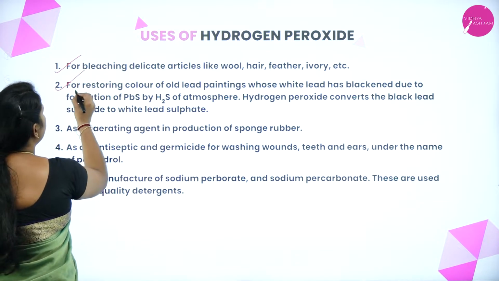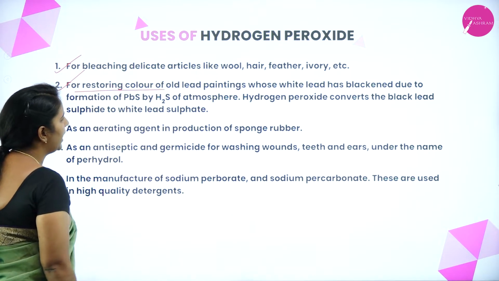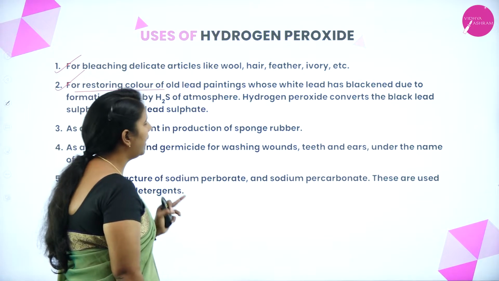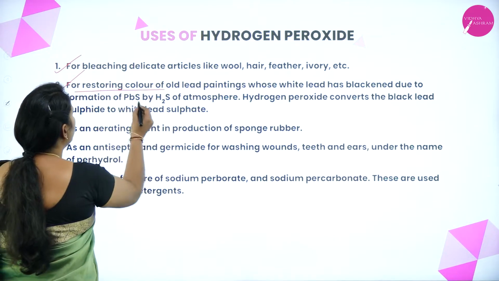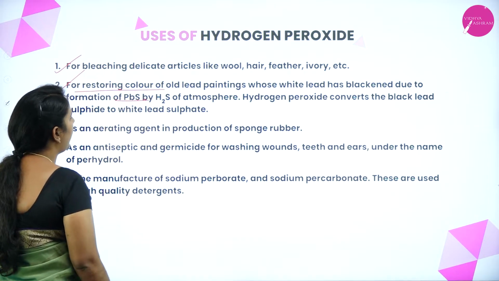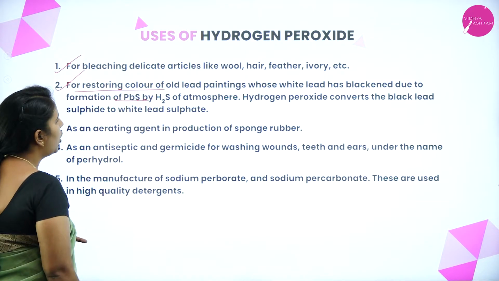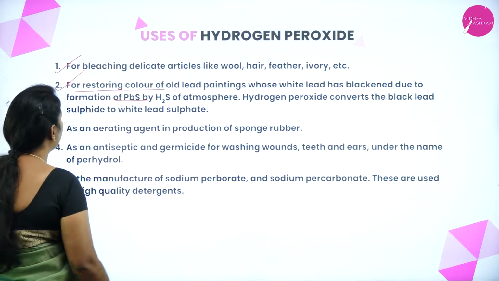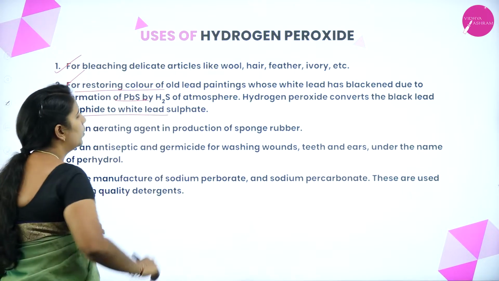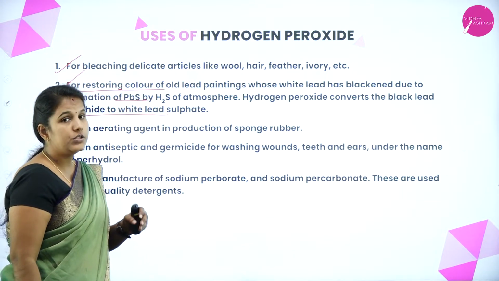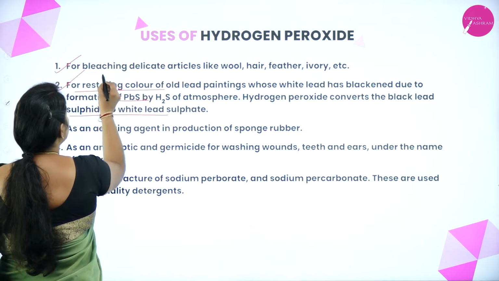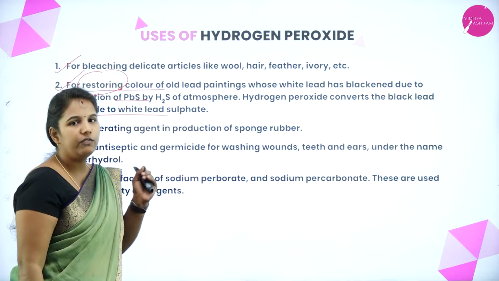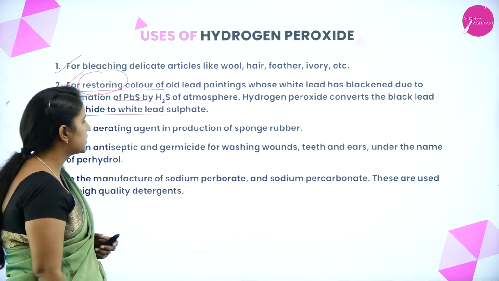For restoring the color of old lead paintings whose white lead has blackened due to the formation of lead sulfide by H2S of the atmosphere, the hydrogen peroxide can convert the black lead sulfide to white lead sulfate. So, in order to protect or restore the color of old lead paintings also, we use hydrogen peroxide.